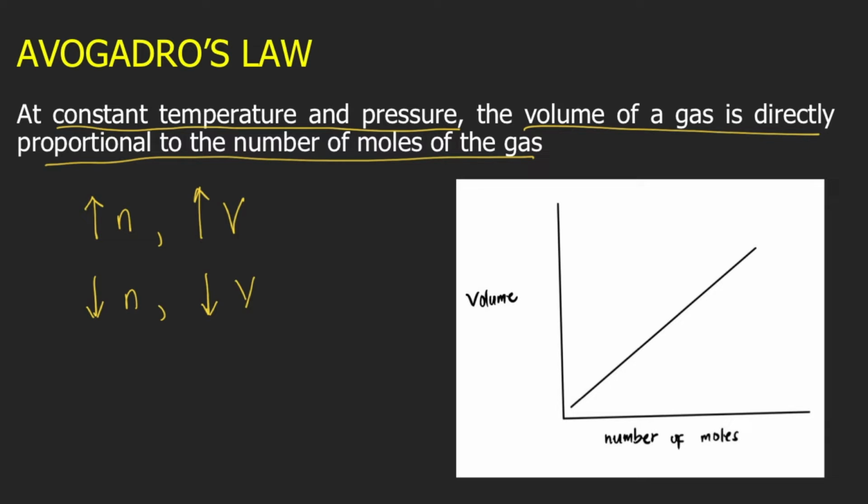So that's what you mean by directly proportional. And you can see it in the graph of Avogadro's law, shown on the screen. You can see that as the number of moles increases, the volume also increases.